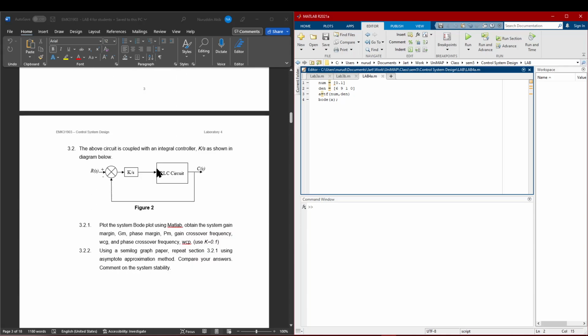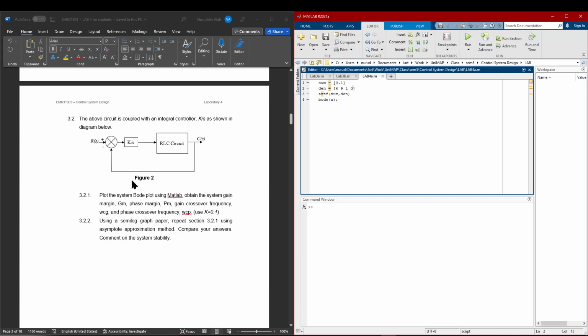After that, we need to put the system inside the RC circuit. So using this MATLAB, I will show you the demo of how this works, and the Bode plot will come out.